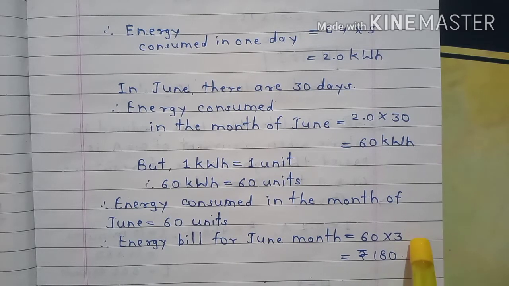Means for 1 unit they are giving the cost, that is 3 rupees. So for 60 units, 60 into 3, that is equal to rupees 180. So therefore the energy bill for June month is equal to rupees 180.